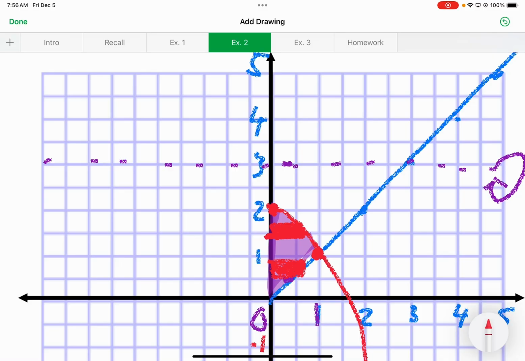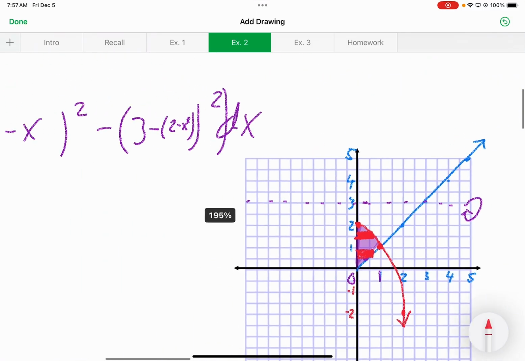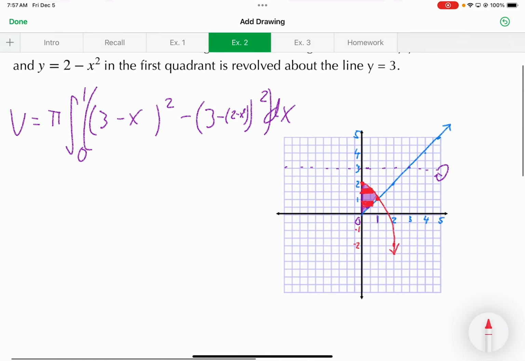That seems very cumbersome if we were to do shell method. Would you agree? Because when I do 2 pi times radius times height, I'd have to split my height into two different pieces. That doesn't seem fun. So in this case, not disk, but washer method is definitely the only way that I would do this one.